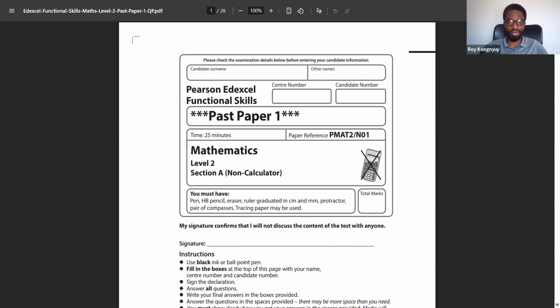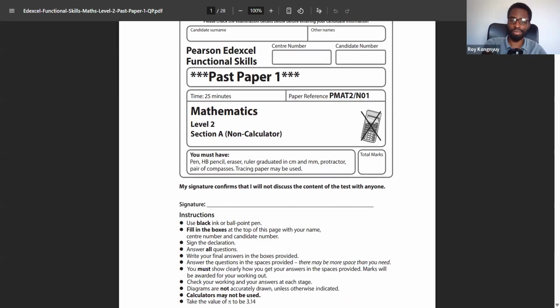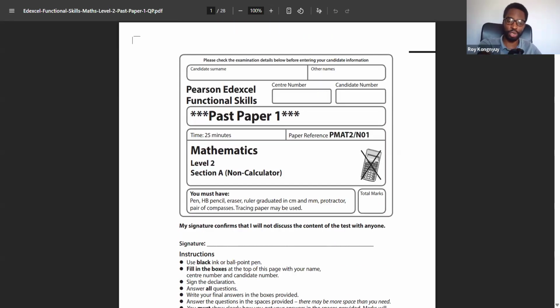Yeah, paper one. And we didn't finish paper one. And so this functional skills hour is going to be an opportunity to finish what we started.